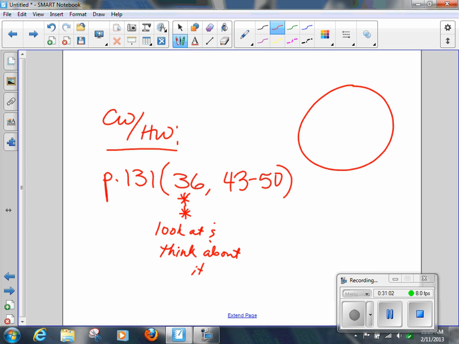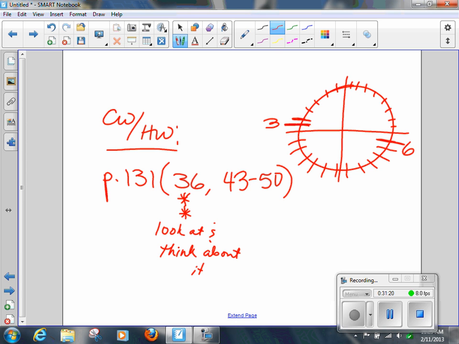And if you count them off all the way around, like right here will be 3. And when you get about right here, it says 6. Where do you think they're getting those numbers from? From the value of pi, 3.14, 6.28. That's what it's coming from, okay?